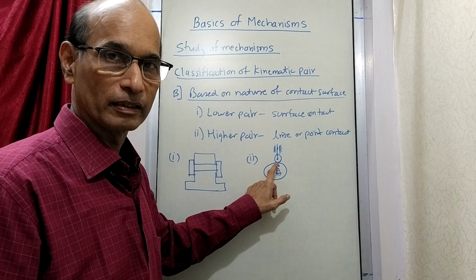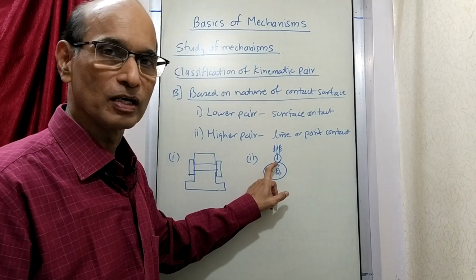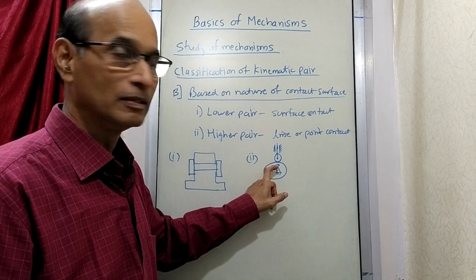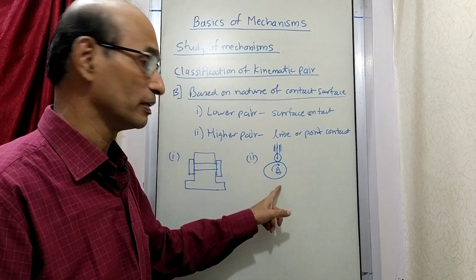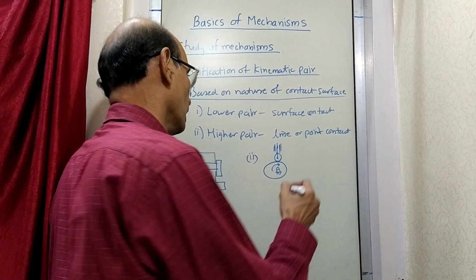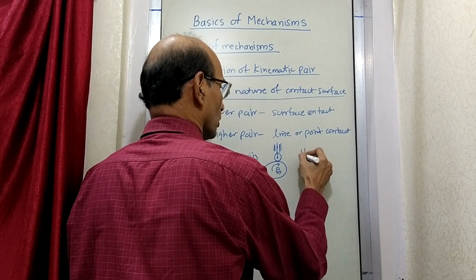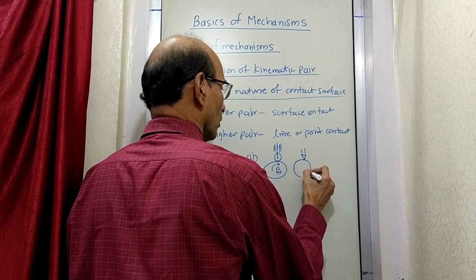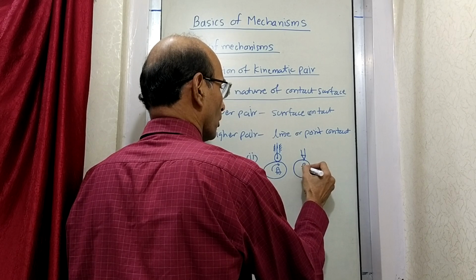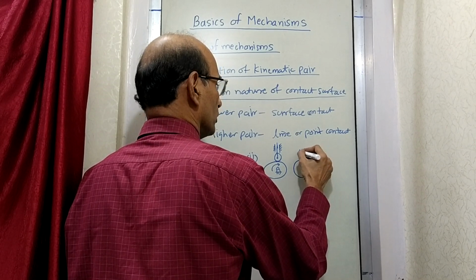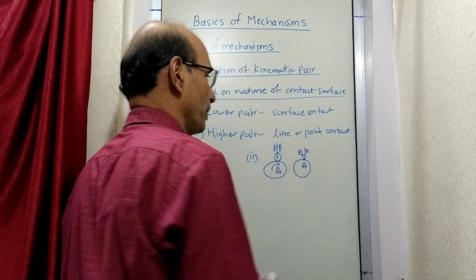It will be line contact. These two parts are touching each other in the form of a line. So line contact means higher pair. Even a knife edge follower will be a point contact, so it is a higher pair.